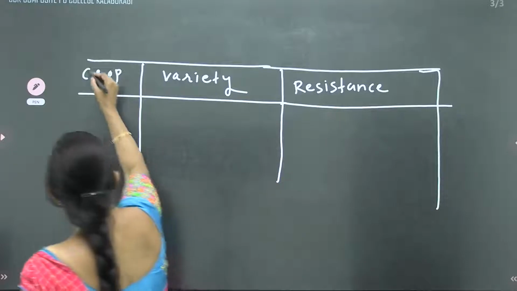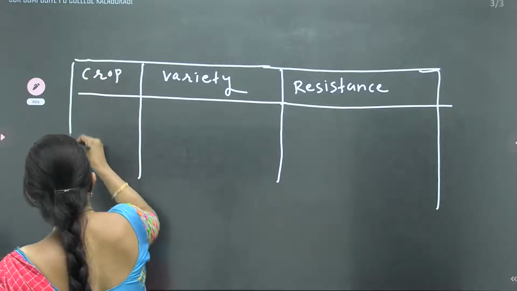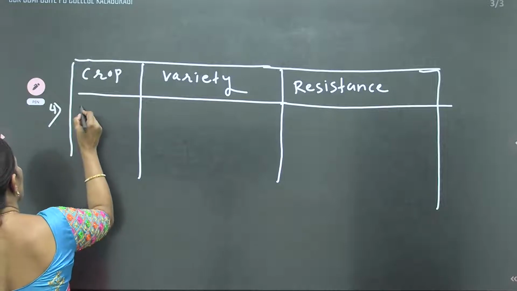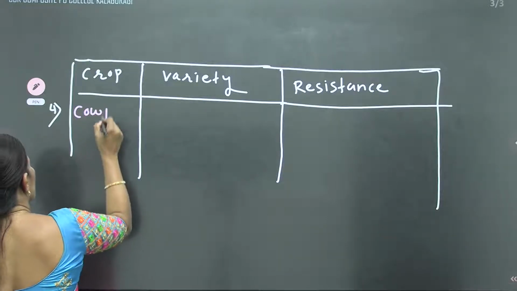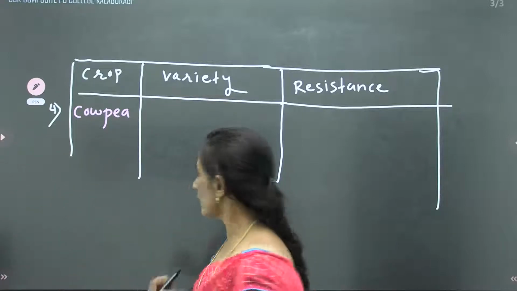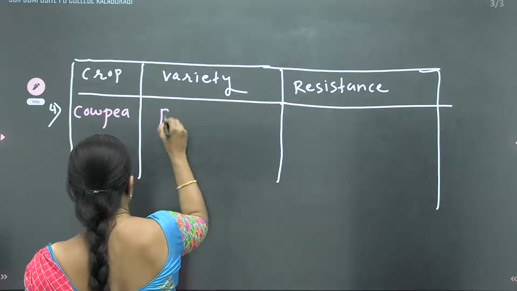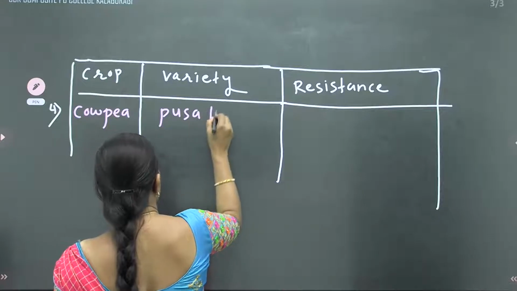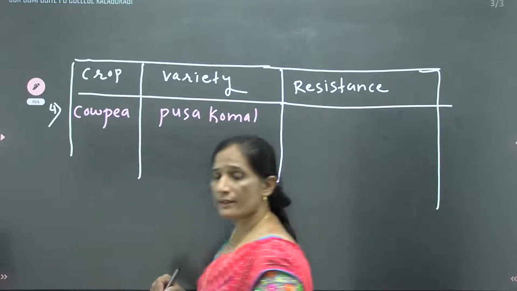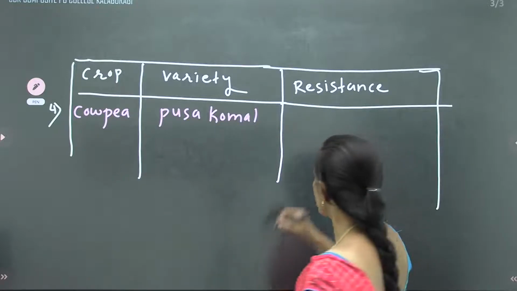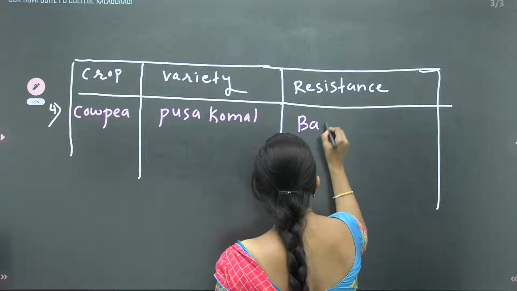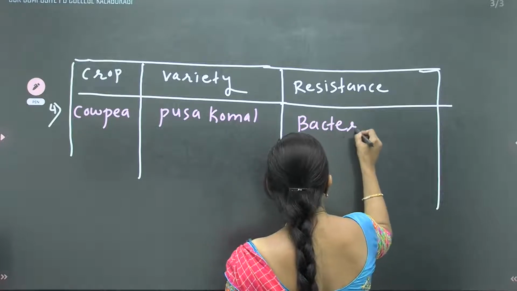The fourth crop plant is cowpea. So the variety of the cowpea is Pusa komal, and this variety is resistant to bacterial blight.